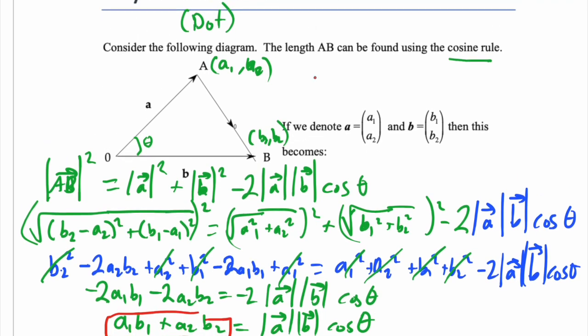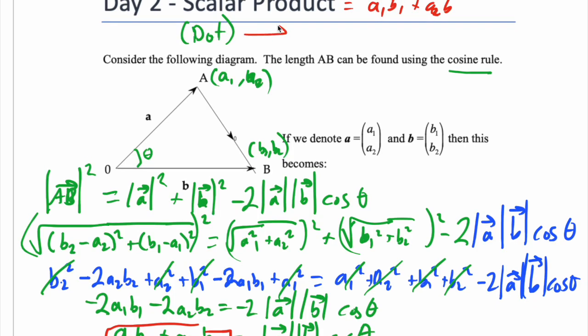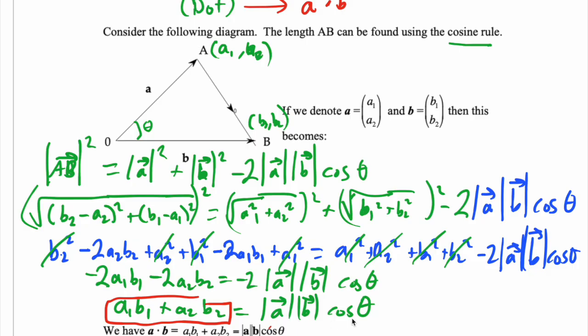So the scalar product for a two-dimensional vector is a1b1 plus a2b2. And it's also called the dot product, so we indicate this product like this, a dot b. Whenever you see a dot b, you do this because it's related to the angle between the two vectors.